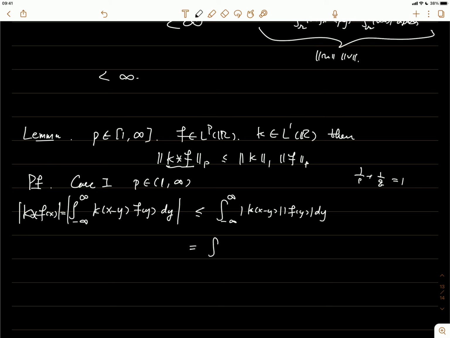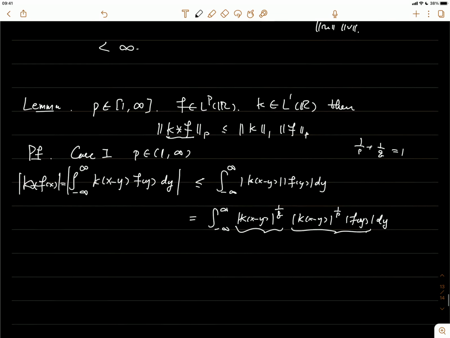So this is equal to |k(x minus y)| to the power 1 over q, then |k(x minus y)| to the power 1 over p, times |f(y)| dy. So I'm going to group these two together. And then I can apply Holder's inequality. Holder's inequality tells me that I can put the q-th power on the first.